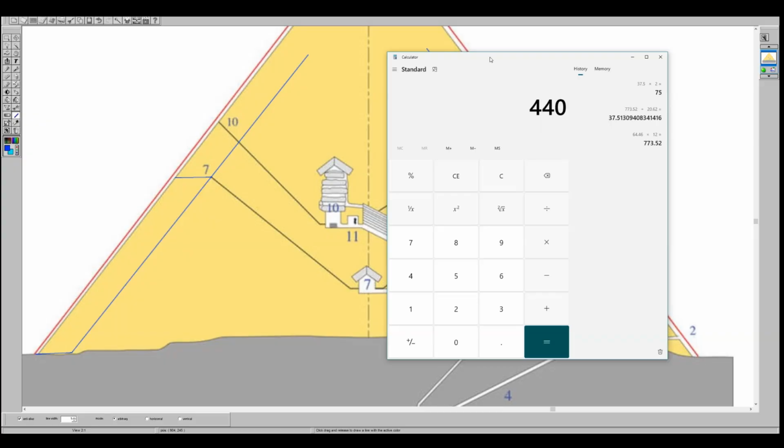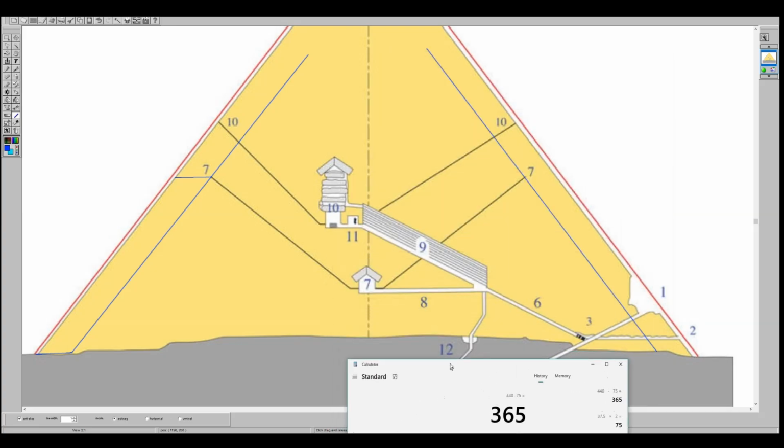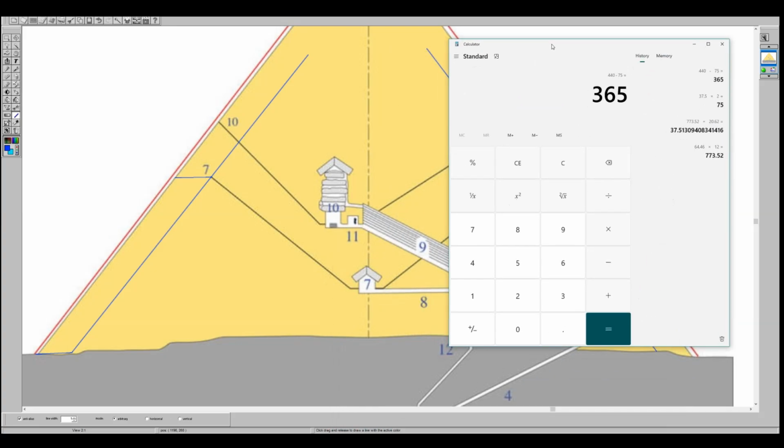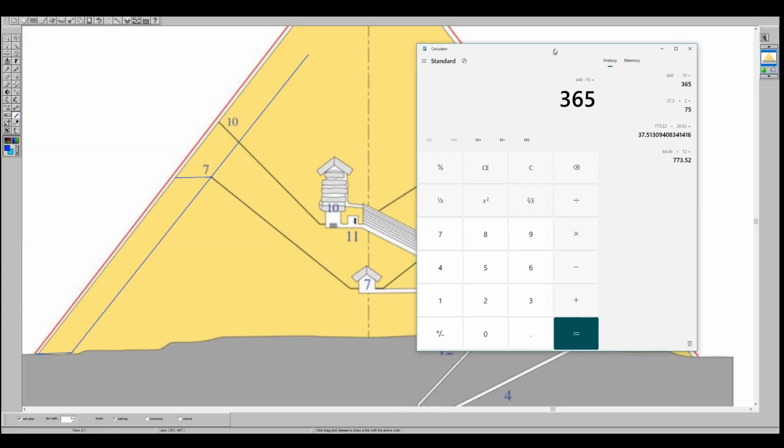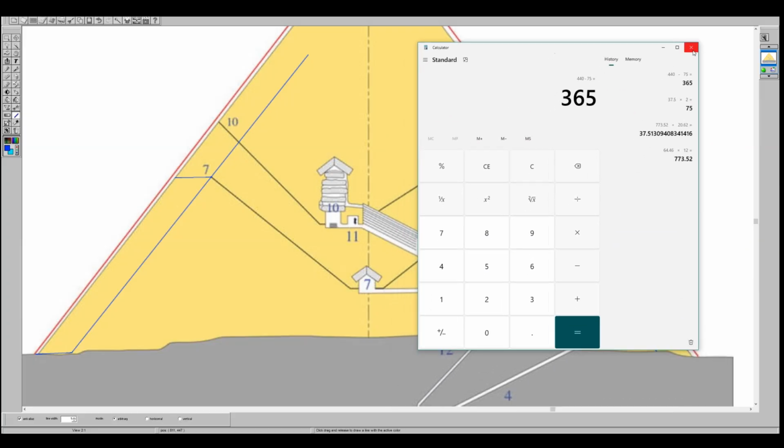So if we take away that 75, 365. Now, isn't that an interesting number? Because that's the number of days in a year, which would kind of make sense in a symbolic way. Whether that's what they meant to do or if this was even a thing, we have no idea. I just thought I'd put it out there.